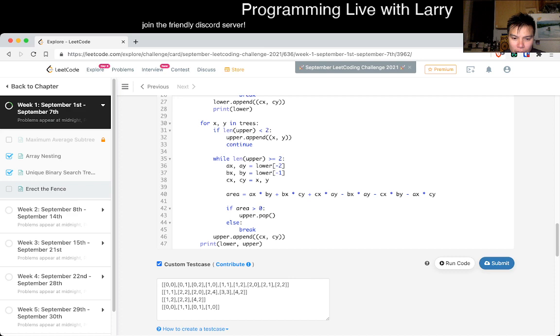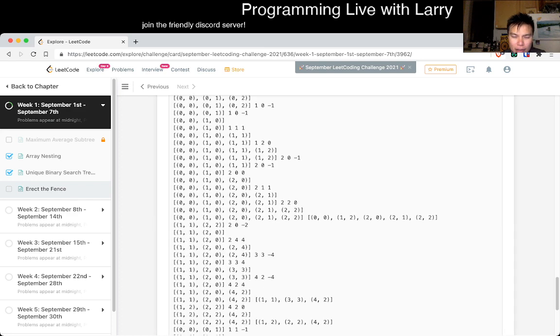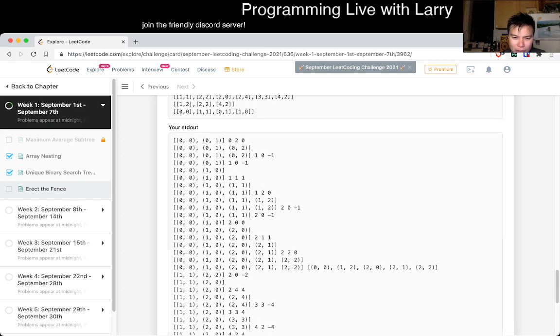Okay, so I fixed the lower thing. I think the lower chain is fixed. 2, 0, 2, yeah, okay. And then here, this is just very clearly wrong, maybe. What's 1, 2? Yeah, this is just really weird and wrong.